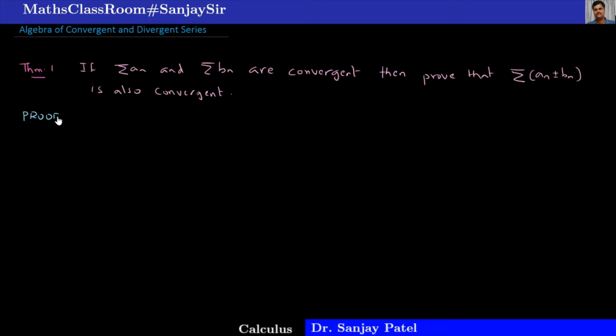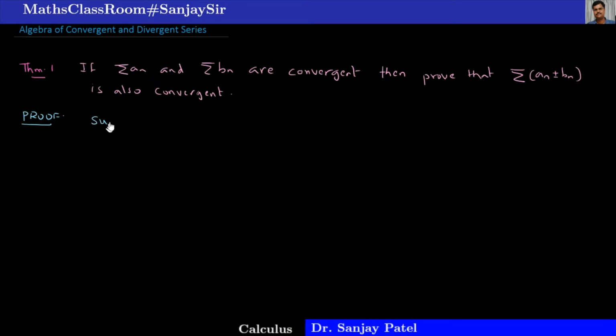First of all, let us recall that to prove a series is convergent, we should show that the limit of its partial sum exists and it is some finite real number. So here we have two series, and we'll define the partial sums for each of them.